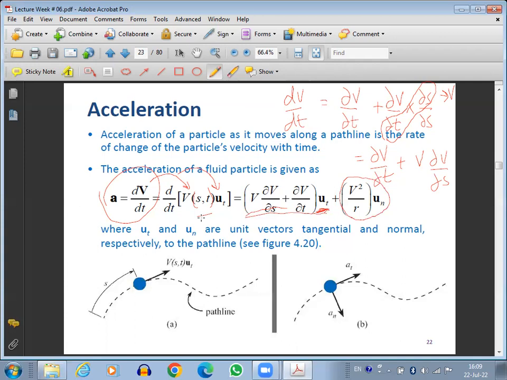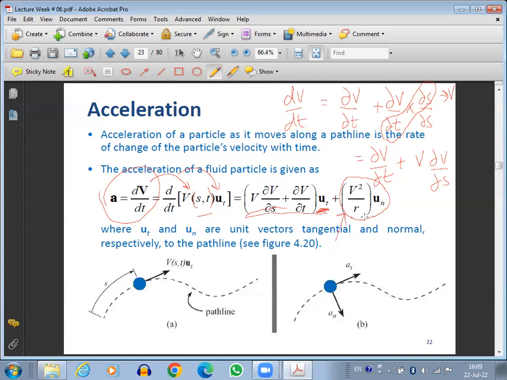V square upon r, right? So v square upon r is the magnitude of centripetal acceleration. I don't need to go into the derivation of how v square upon r comes. It is centripetal acceleration. You have been studying it from class 9 onward. Okay, and obviously the direction of it is the normal direction. Which direction does centripetal acceleration have? Towards the center.